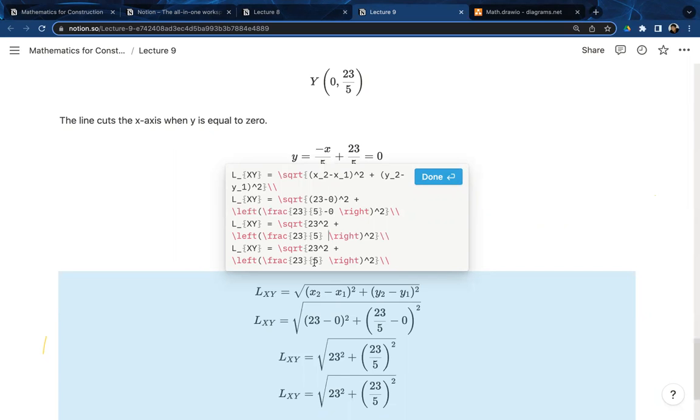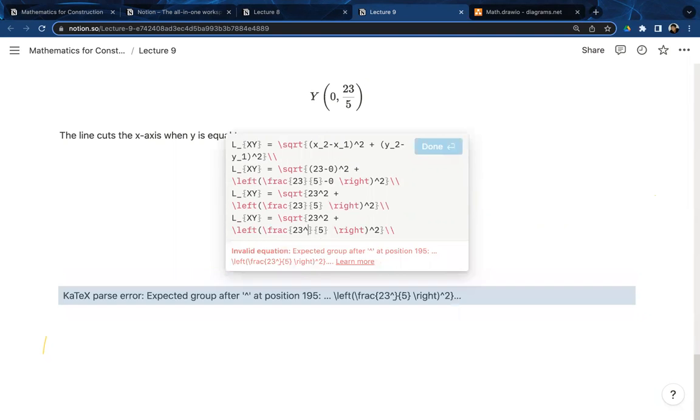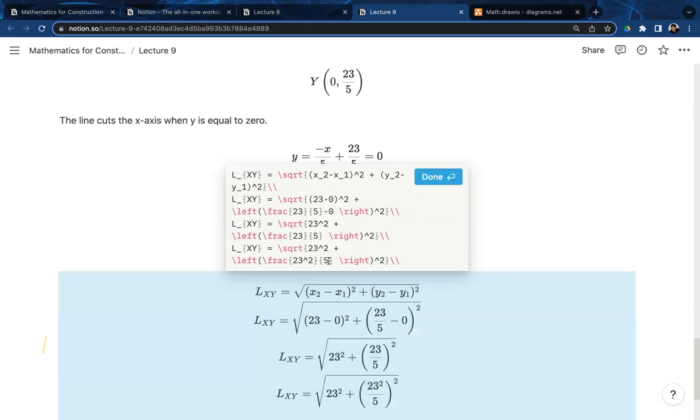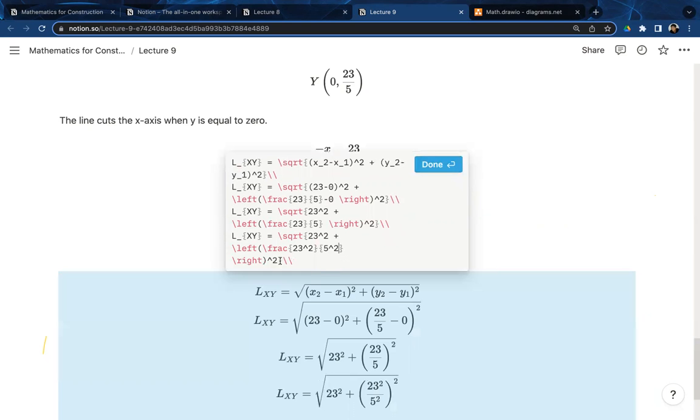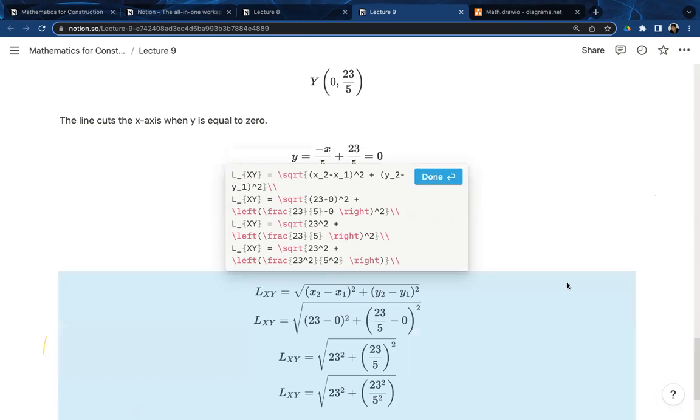So I could multiply, this could be 23 squared over 5 squared, right?